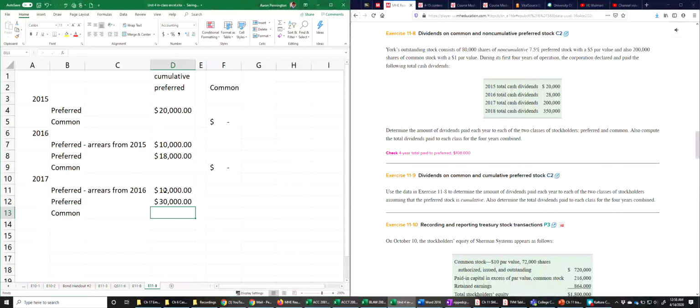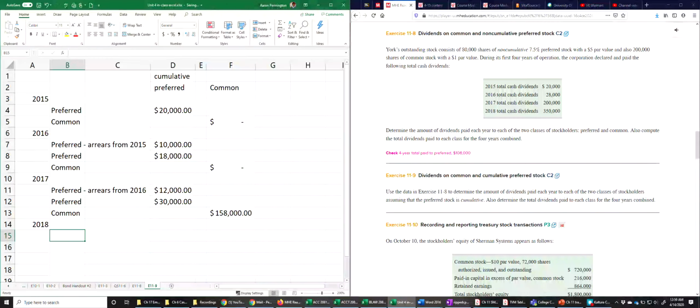And then, of course, the balance goes to common shareholders, so common shareholders would take $158,000. Now we're all caught up.